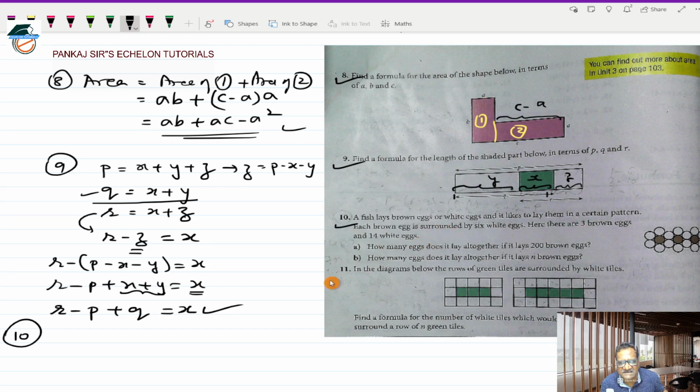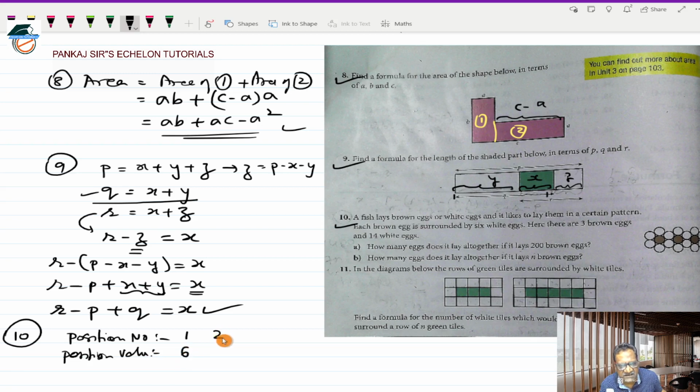Now this is a question which pertains to sequences. In a sequence you have position number and you have position values. Suppose for this question you take brown eggs as the position number. When the brown eggs are 1, the number of white eggs will be 6.